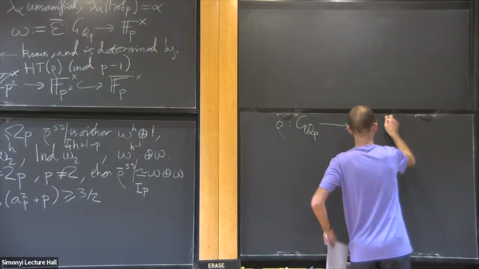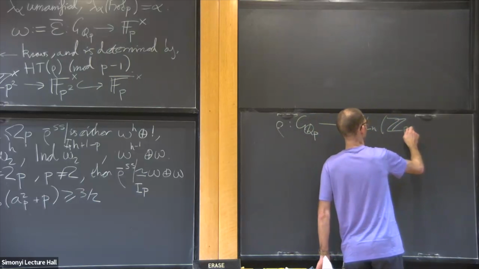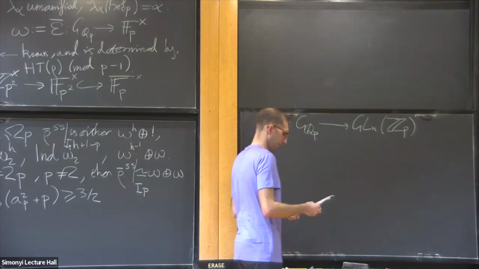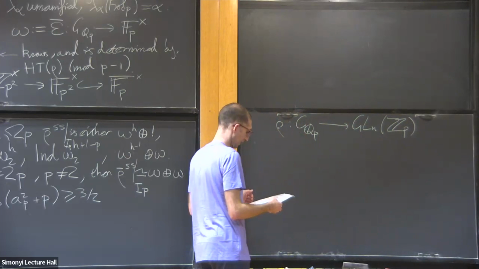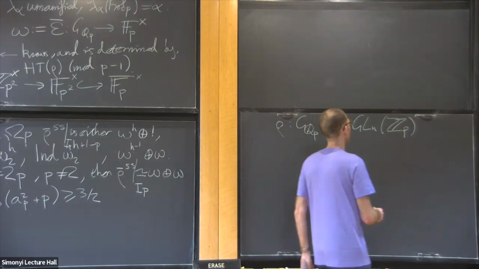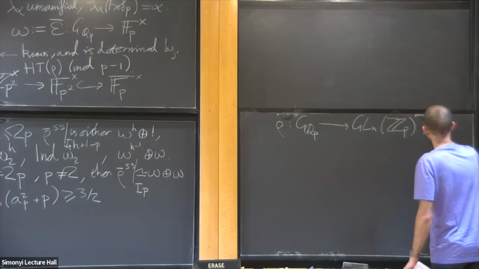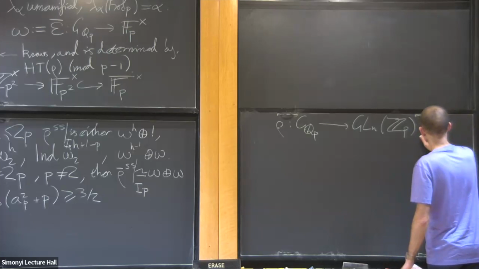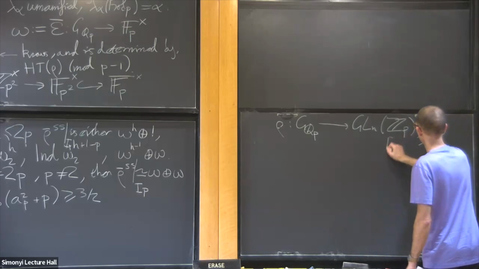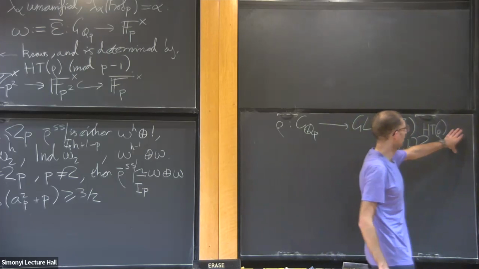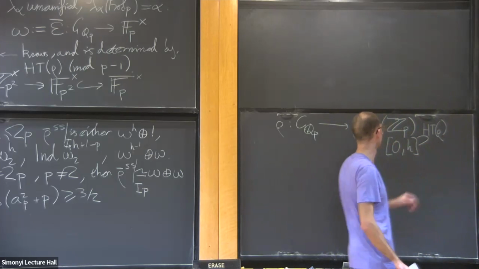Well, a lattice in a crystalline representation, and maybe for now I'll actually just write Z_p out of laziness, but we could put some coefficients in. And let's just assume this is n-dimensional. So let's assume that the Hodge-Tate weights of rho are in the range 0 to h. So I was trying to avoid this side of the board, but maybe that's actually the side that's good.